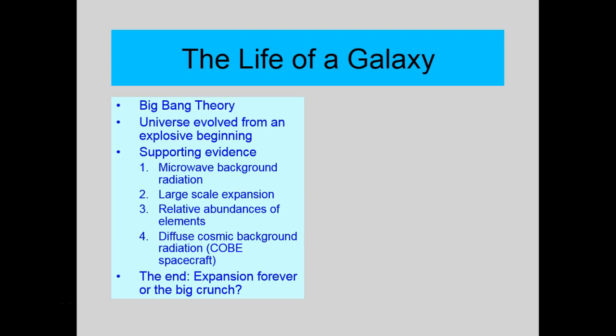Well, this is another thing that sort of is like this. It's called diffuse cosmic background radiation. So it's sort of like this background radiation. And the COBE, I can't remember what that stands for. It's in your text, I think. Spacecraft has been collecting this for quite a while. So where do we end? I don't really care, because I'm not going to be here to know.